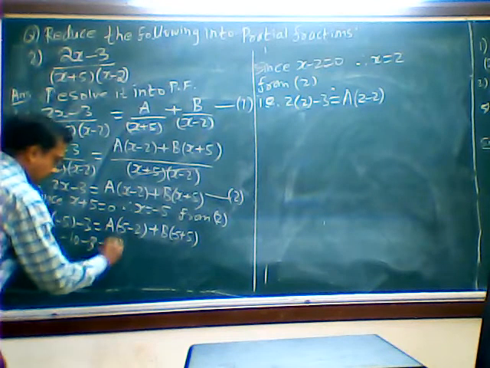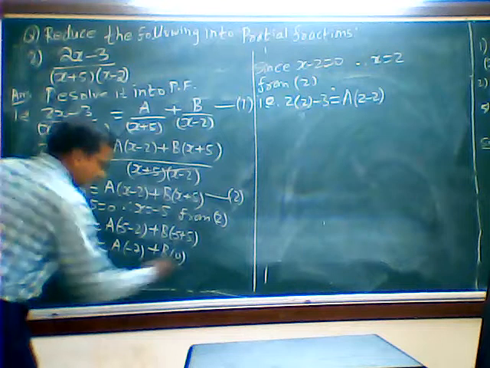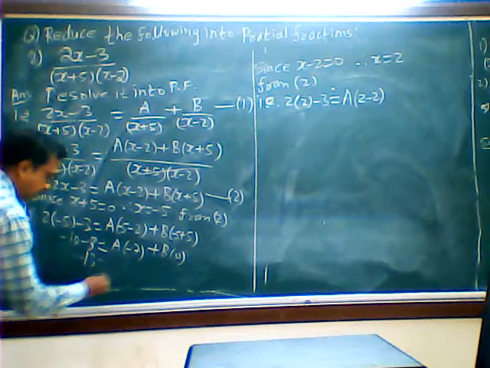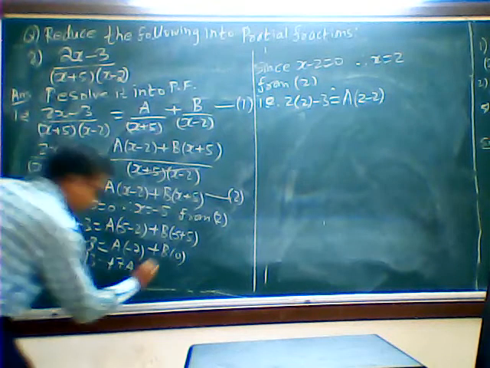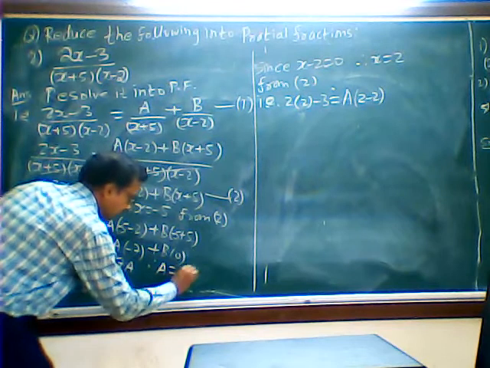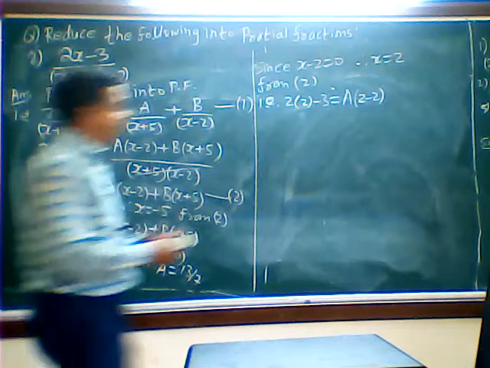A into minus 7 I'll get, and B into this will be 0. So minus 10 minus 3 is minus 13, and this is minus 7A. Minus minus goes. Therefore A value is 13 by 7.